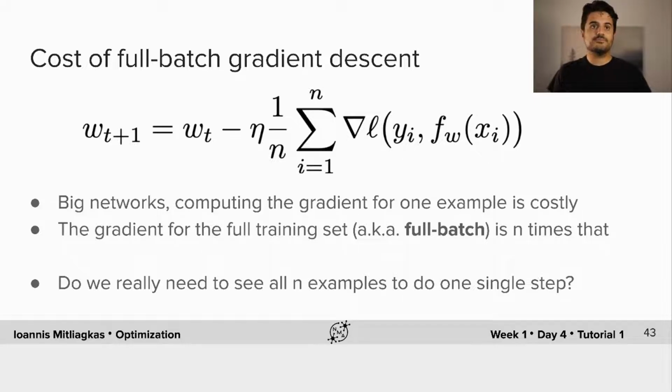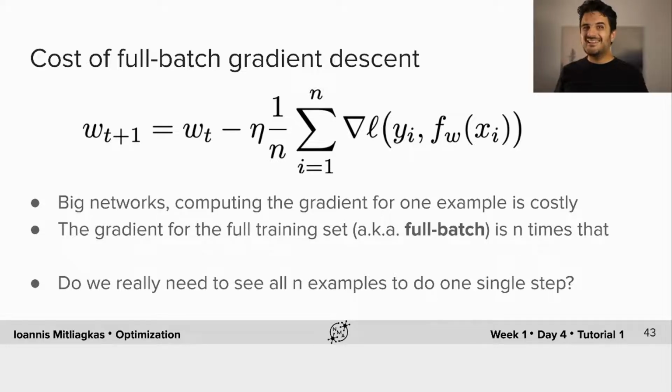So for big networks, this can become problematic because even computing the gradient for one example can be relatively costly, right? One of those gradients for i equals 1, for example, right? This can be costly. And then we need to do all of this n times, just to do one step of the algorithm.